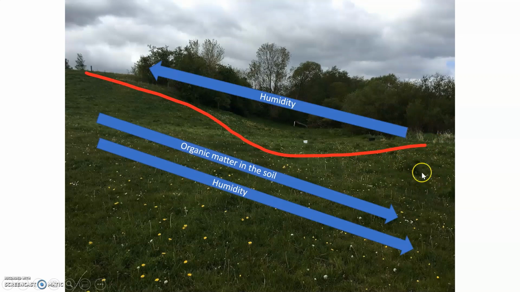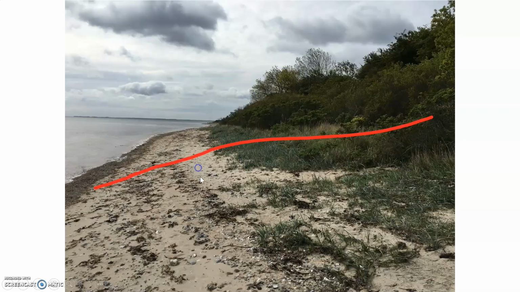So we would expect high humidity down here, lower humidity up here. Due to the humidity and low oxygen availability, because the soil down here might be waterlogged, we would expect a low rate of breakdown of organic matter down here. So we would expect black soil with a lot of organic matter down here and more brown gray soil up here. And it says humidity again.